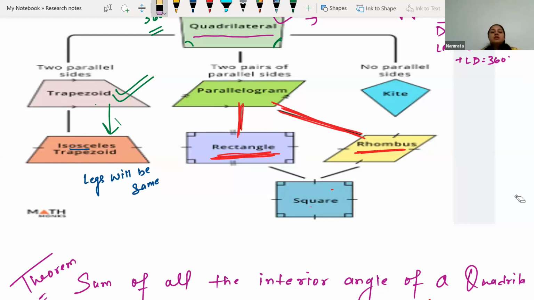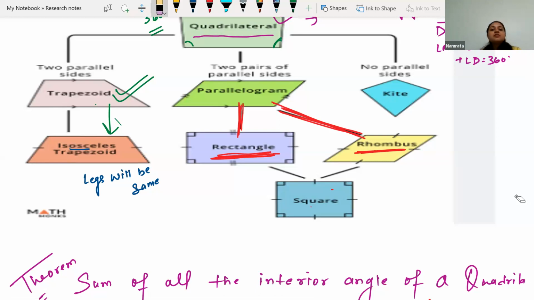If you have seen such sentences anywhere previously, there is a possibility that you got confused about why it says a rhombus is a parallelogram, why it says a rectangle is a parallelogram. These are different shapes.